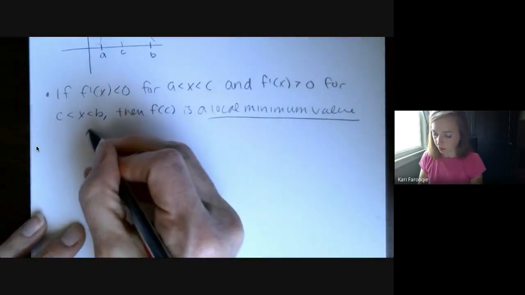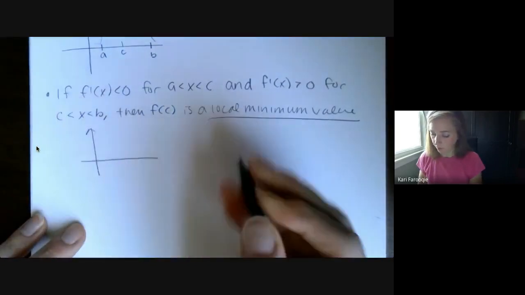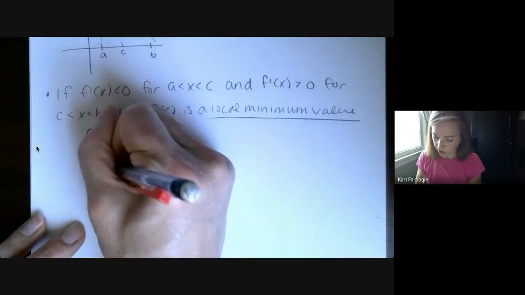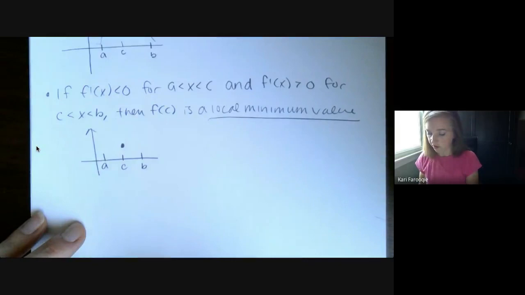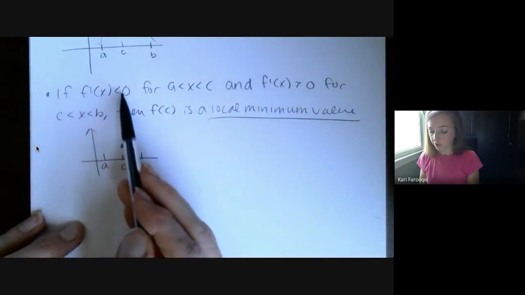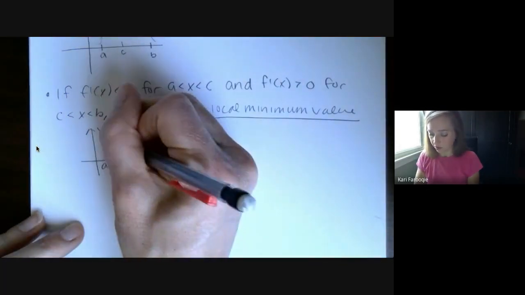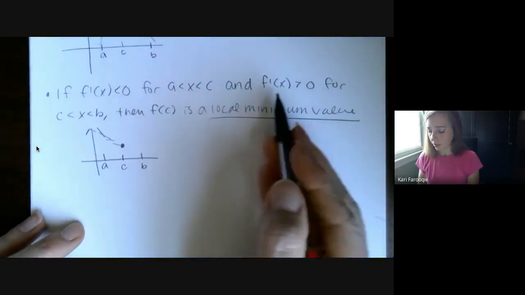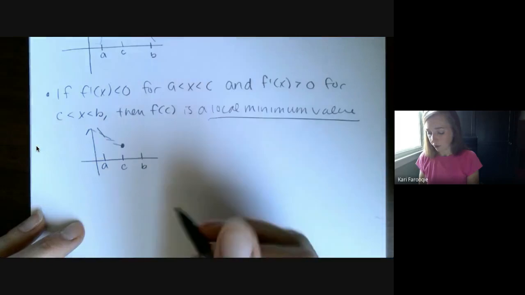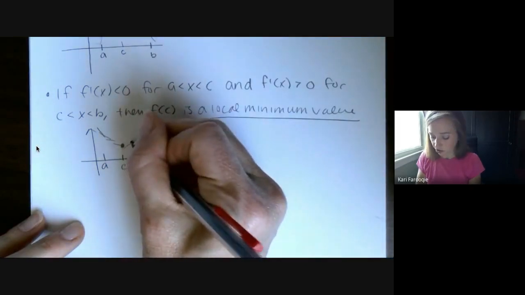Okay, so that would be similarly, you have some value C, A, and B. Imagine C is down here. Well, if your derivatives are negative from A to C, that means the slopes of your tangent lines all go down from left to right. If your derivatives are positive from C to B, that means the slopes of your tangent lines go up.